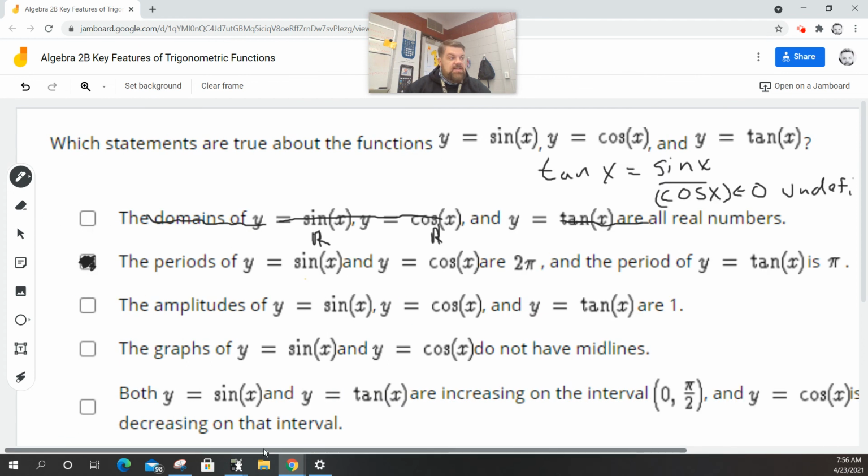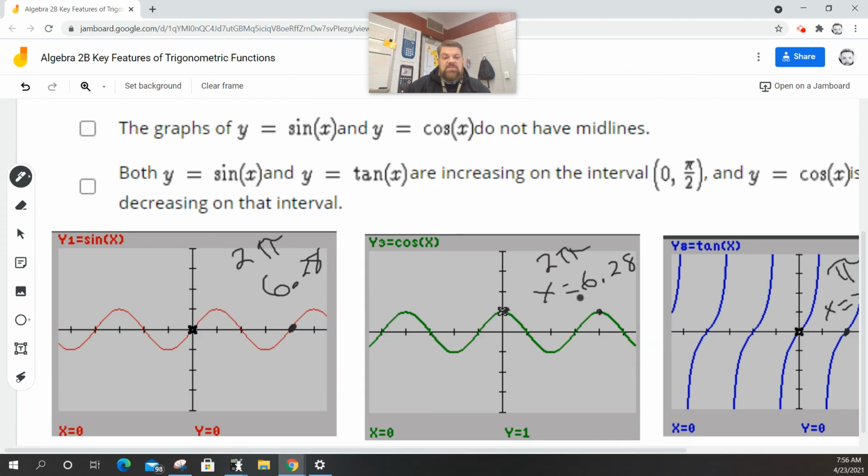What's the next one? It says the amplitudes are 1. So amplitude is the distance from the midline. While that's true for sine, right? From here to here is 1. From here to here is 1. That's true for cosine. From here to here is 1. From here to here is 1.